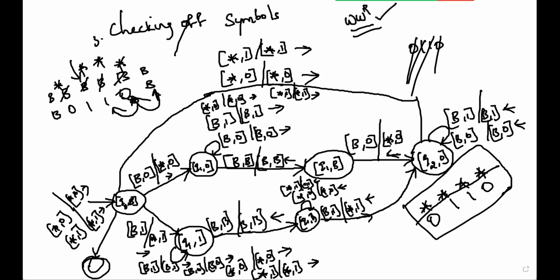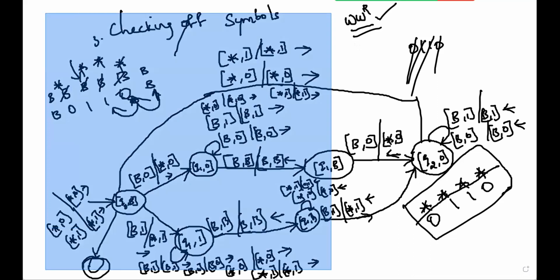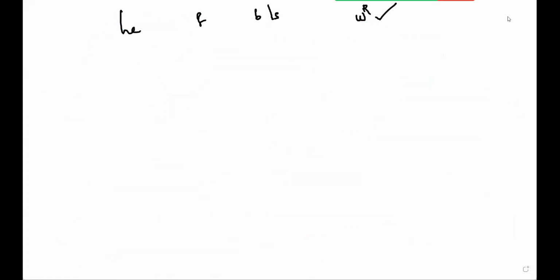Okay, next one is subroutines. We'll discuss multiplication of two numbers. The input tape is 0 power m, 1 separator symbol, 0 power n, separator symbol, with blank before and after. This is the input.